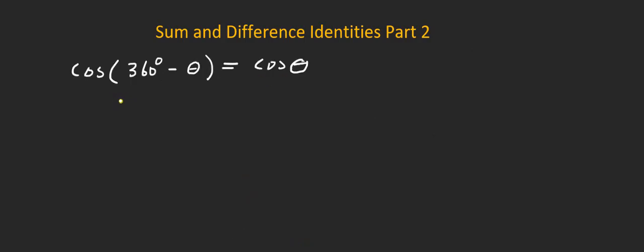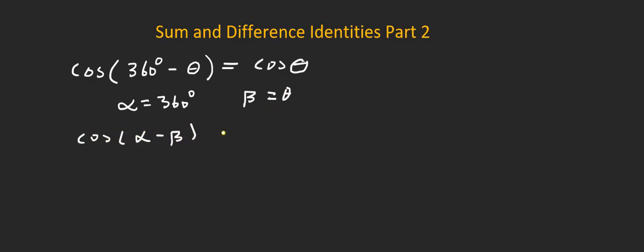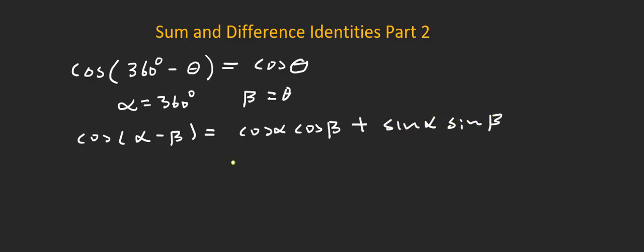Now let's prove cosine of quantity 360 degrees minus theta is cosine theta. Well, in order to prove this identity, we need to know that alpha is 360 and beta is theta. And also we need to know that cosine of quantity alpha minus beta is cosine alpha cosine beta plus sine alpha and sine beta.